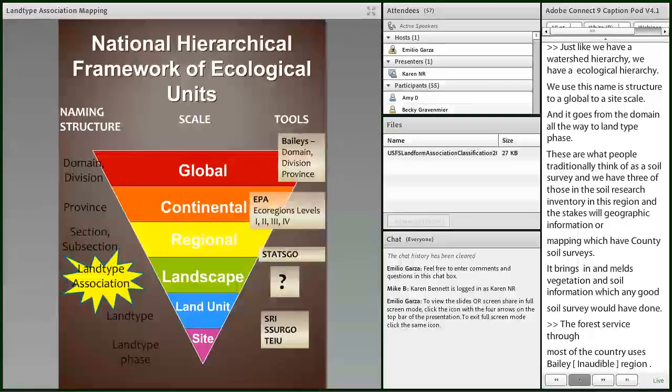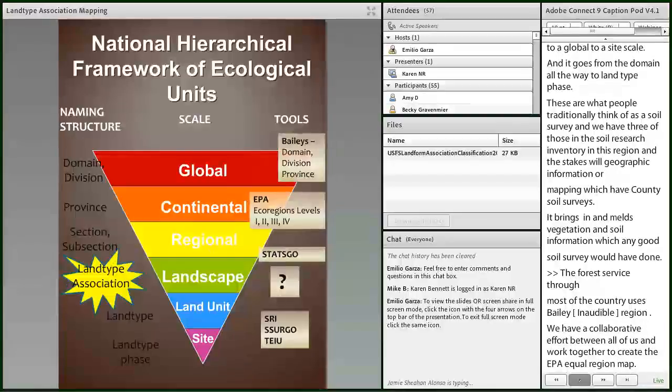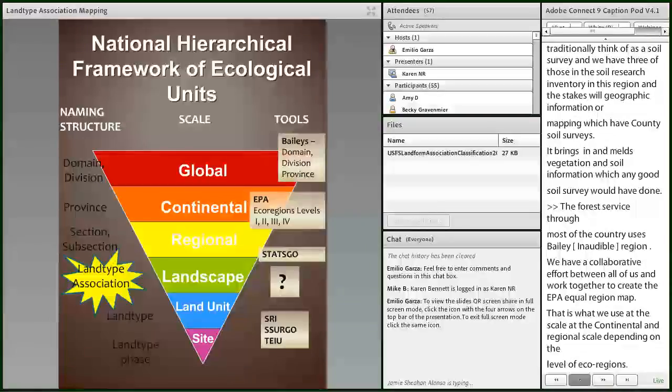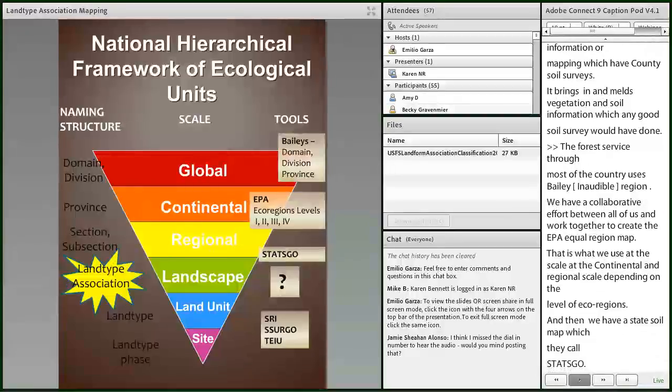And so that's what we use at this scale, at the continental and regional scale, depending on the level of those ecoregions. That's what we use in this region. And then we have the state soil map that they call STATSGO. That's at a scale of 1 to 250,000. So we have 1 to 250,000 as a unit, and then all the way down here at 1 to 63,360, 1 inch to a mile, or even down to 1 to 12,000, 4 inches to a mile.